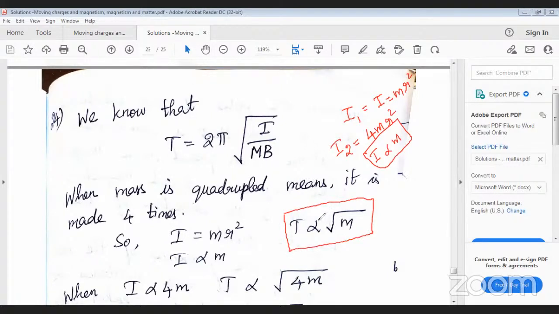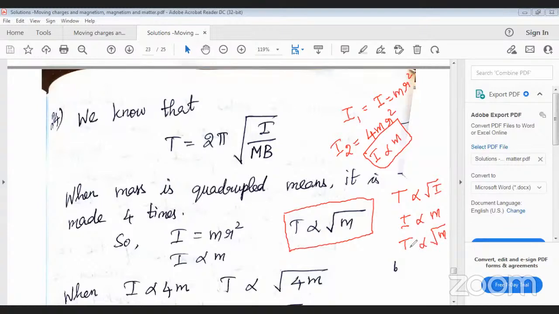I think you can understand my point. So T is proportional to root I, and we know very well I is proportional to m. So from that we can tell that T is proportional to root m.